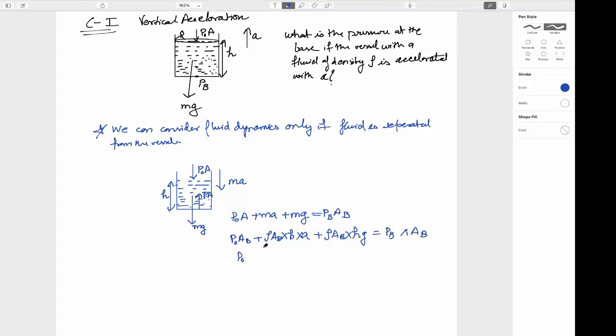So you can cancel out AB from all of it: P naught plus rho H into a plus g is equal to PB. So the pressure at the base is this, and we can also write it as P naught plus rho H g effective.